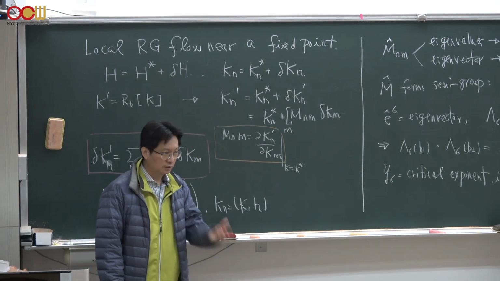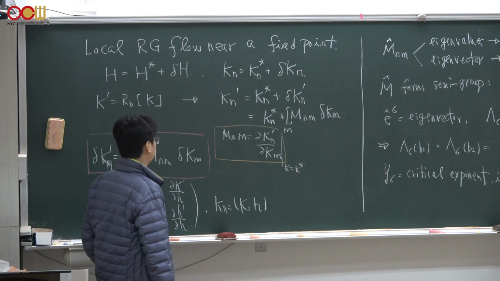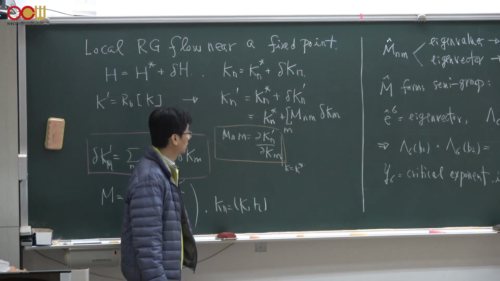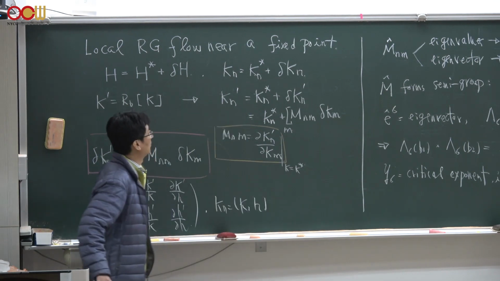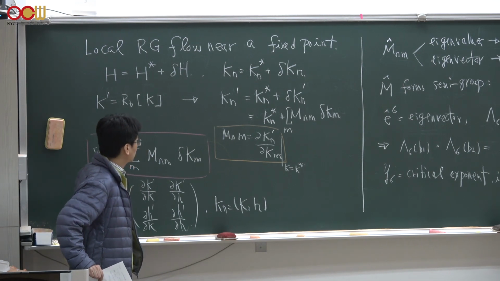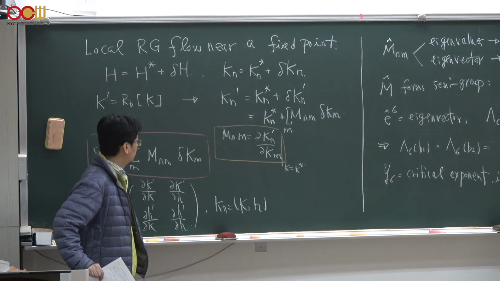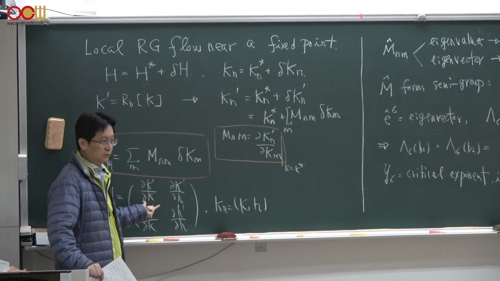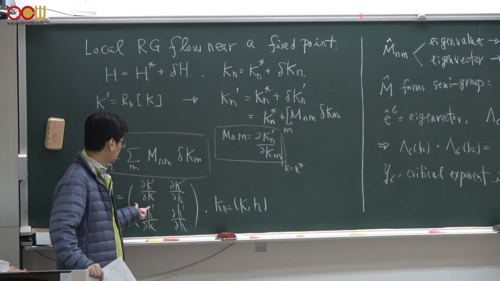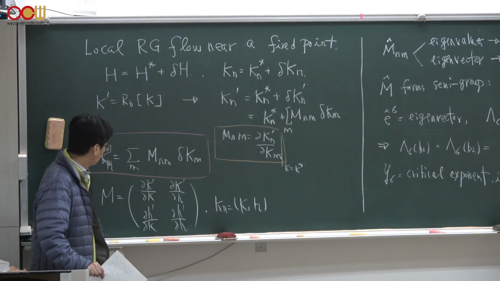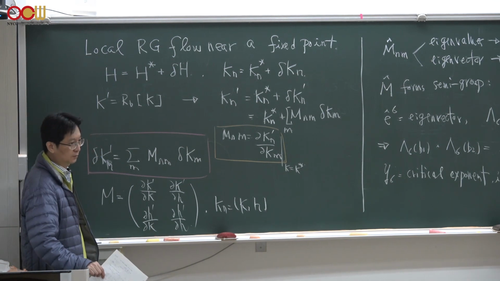Okay, so you could Taylor expand this delta Kn prime in terms of linear equations, made of the matrix product with the matrix M, which consists of the first derivative of the coupling constant in the primed system with respect to the unprimed coupling constant.